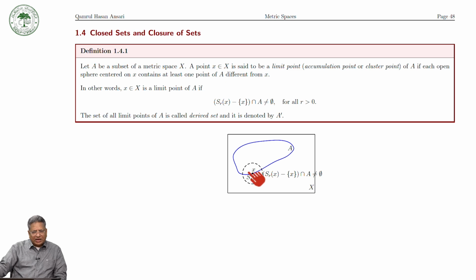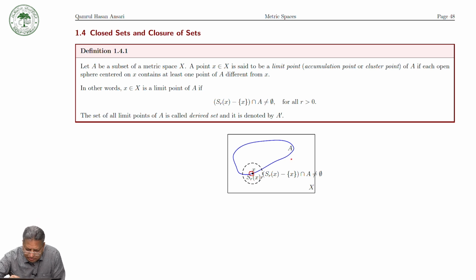So you take any open sphere with center at x. Whatever is your R, you take any R, and then you will see that, for example, if R is very small, then you can see that it is the center of the open sphere, and this open sphere contains points of A other than x.